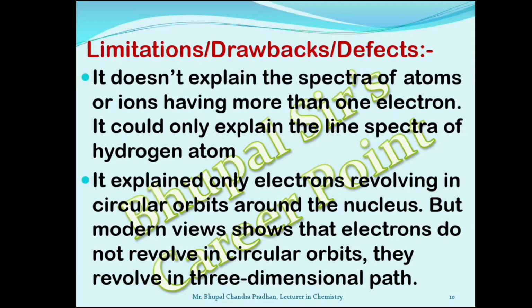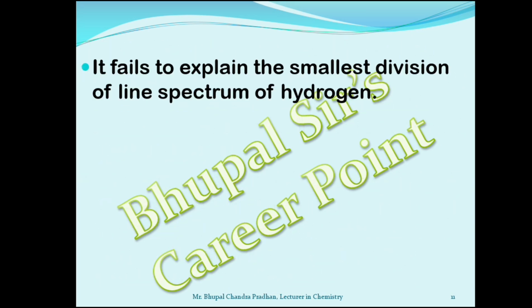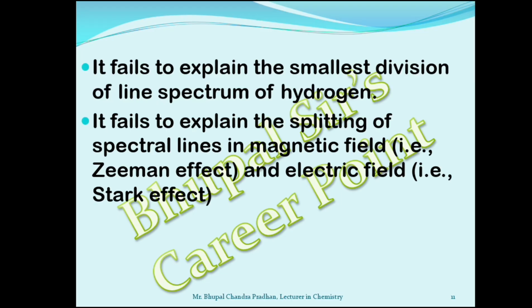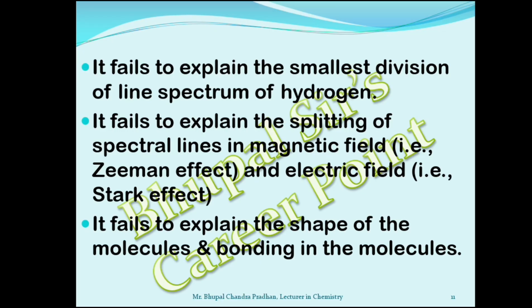They revolve in three-dimensional paths, but Bohr's theory cannot explain this. It fails to explain the fine structure of the line spectrum of hydrogen. It fails to explain the splitting of spectral lines in a magnetic field, that is the Zeeman effect, and in an electric field, that is the Stark effect. It fails to explain the shape of molecules and bonding in the molecule.